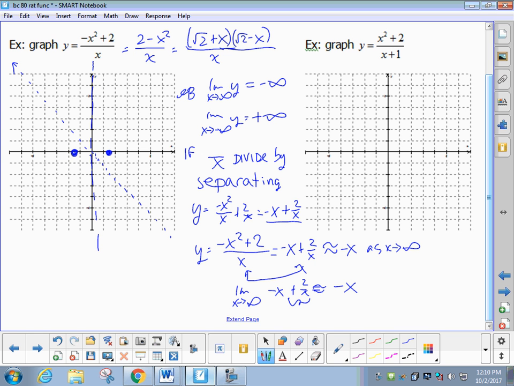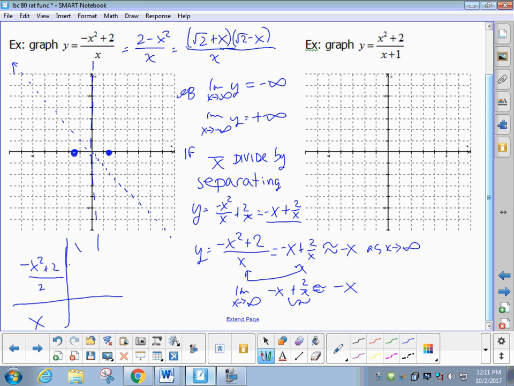If I sign tested on the far left, say negative 10, what's the sign at negative 10? Negative 100 plus 2 is negative 98 over negative 10, so positive 9.8. Let's compare these two.